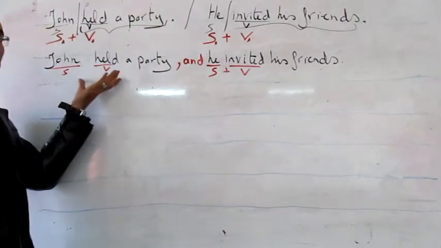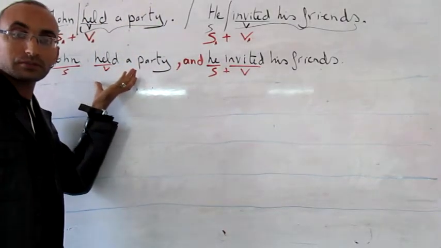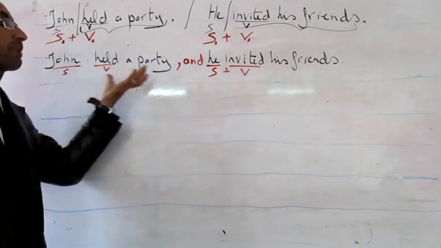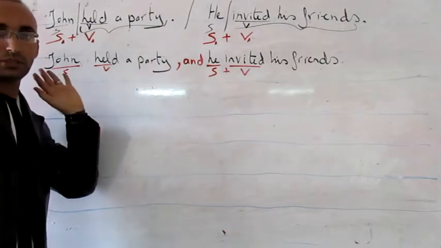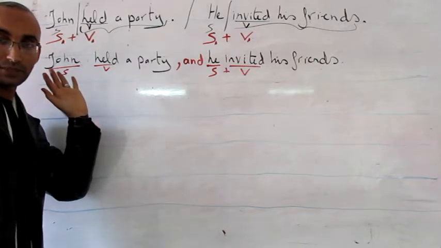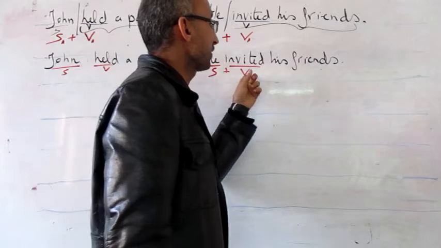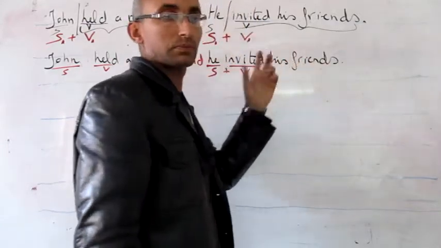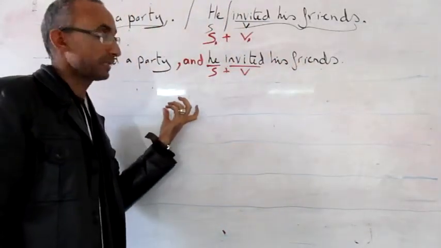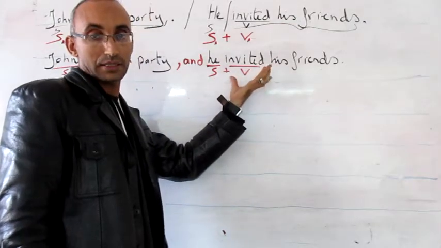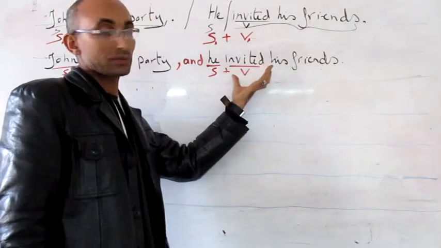Now, is this clause complete or not? Can I stop in it? John had a party. Full stop. It's correct, complete and meaningful. And the other one, he invited his friends. Full stop. Complete or not? Complete, and also meaningful. It can be independent by itself.